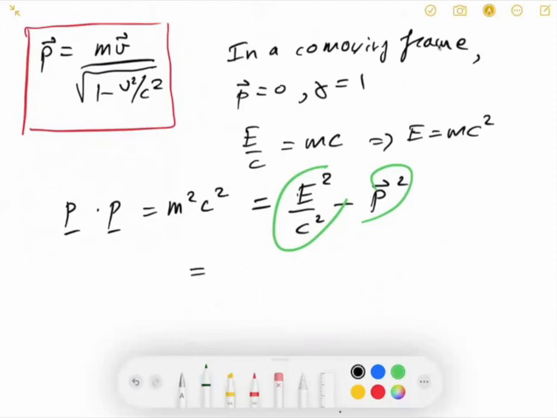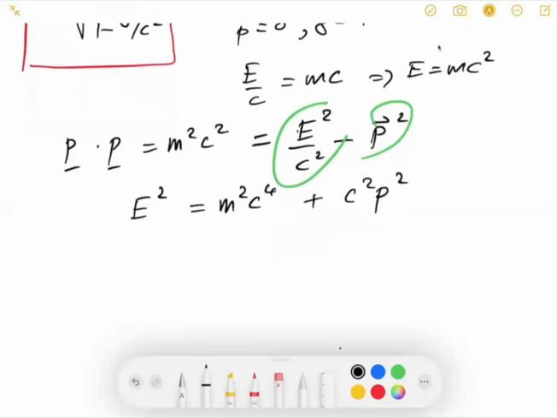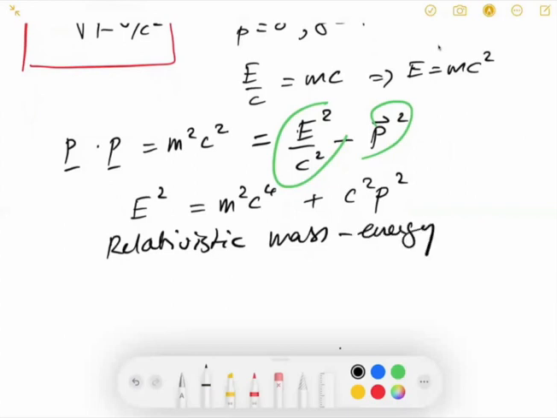And that means that there is a mass energy relation that says that E squared equals m squared c to the fourth plus c squared P squared. And this is the relativistic mass energy balance. All right, so you have energy that is carried by both the kinetic energy and what we call the rest energy, which is mc squared.